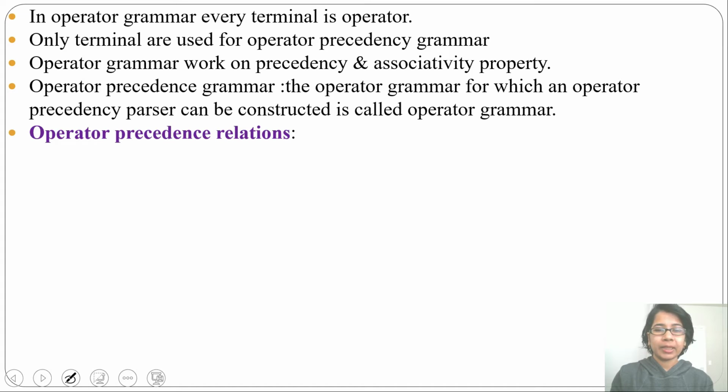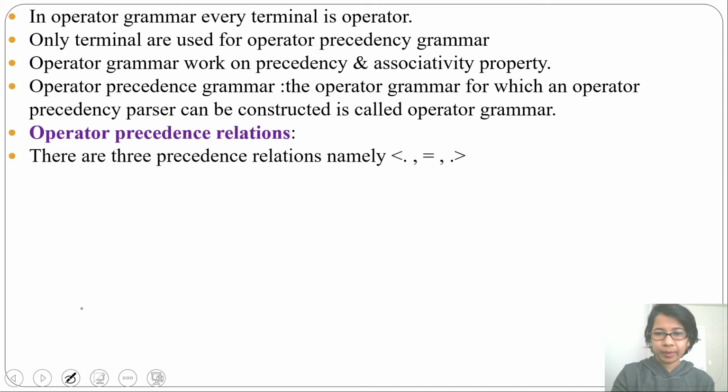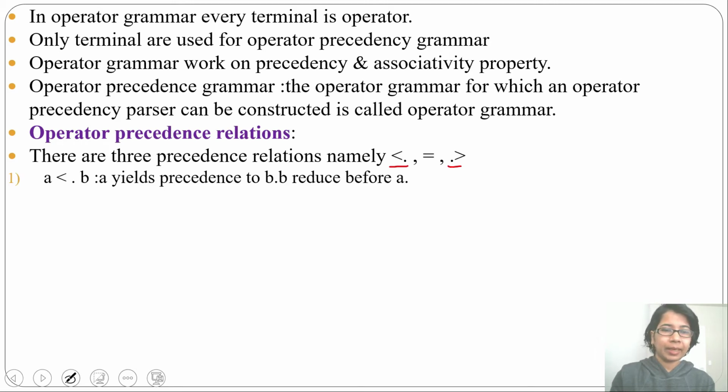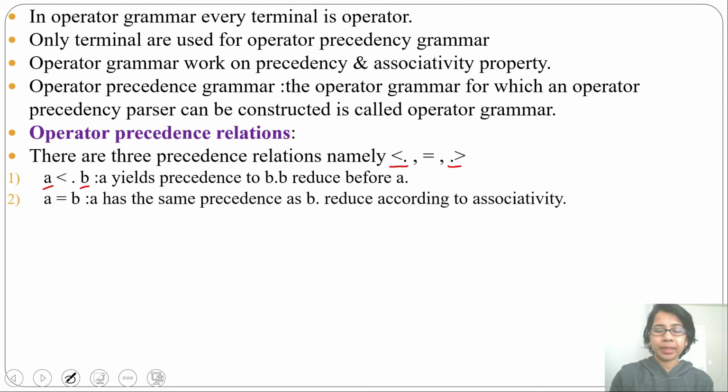Then operator precedence relation, there are three relations: either it will be less than, equal or greater than. There will be a dot symbol after less than and a dot symbol before greater than. A less than B means B has higher precedence over A. So B will reduce before A. A equal to B means both have same precedence.